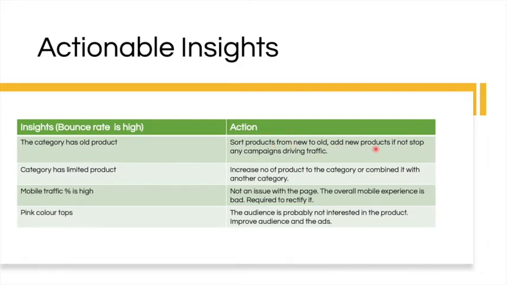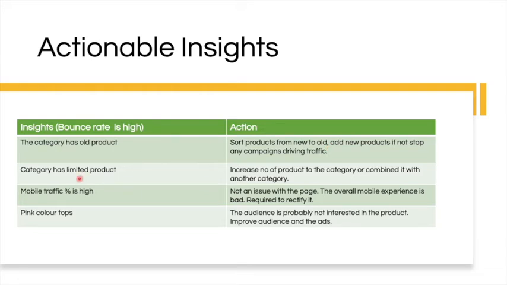If we have campaigns and audiences looking for new products, we can change those too. We can also add text mentioning that these are old products with a discount, or set some sort of expectation. Otherwise people will come to look at new products and be disappointed, because this category page has the same products they have seen multiple times, so they are going to bounce.